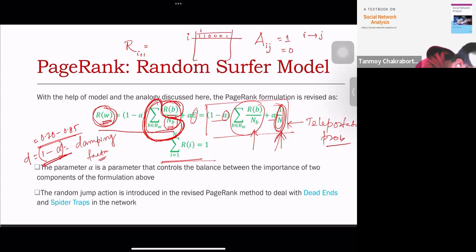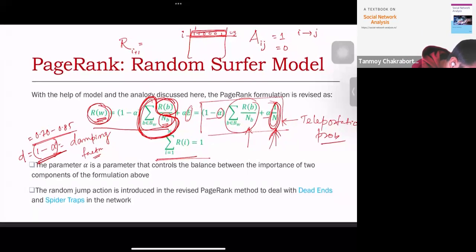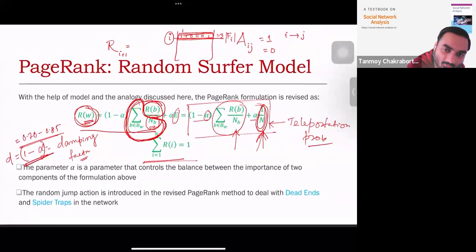The sum of this row indicates the number of forward links. The sum of this one would be 3, which is nothing but mod Fi, the number of nodes which node I is pointing to.